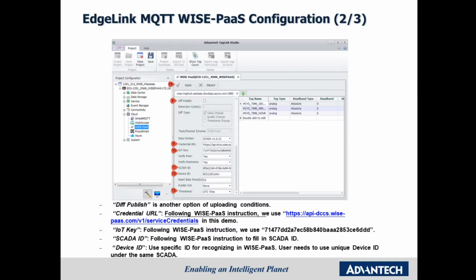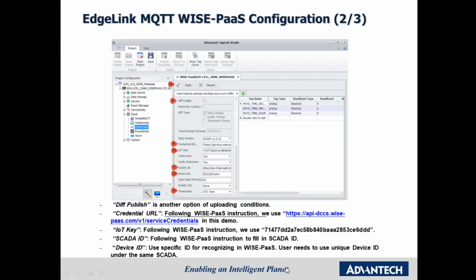User can set differential publish, and the important one here is the number 9 credential URL. User needs to copy it from your WISE-PaaS management portal. And also the IoT key is obtained from each user's management portal.